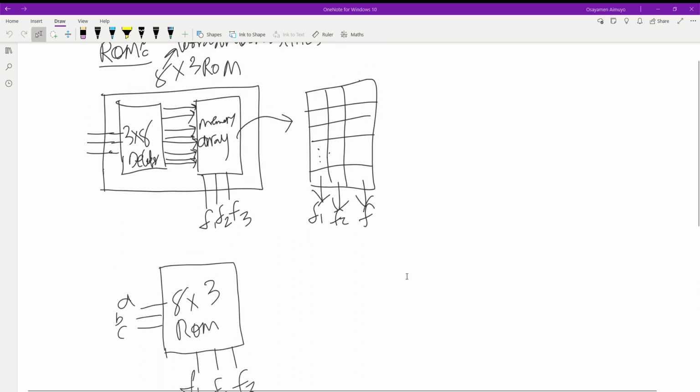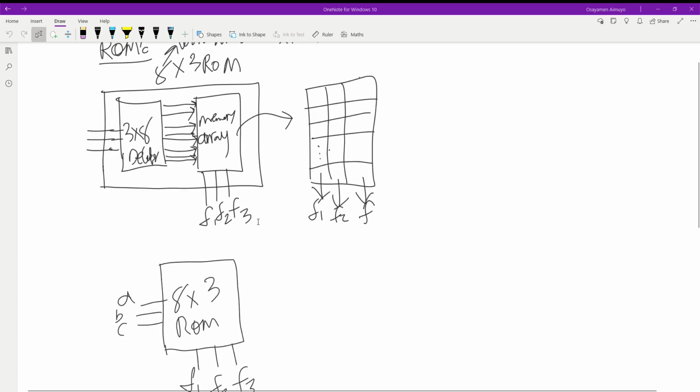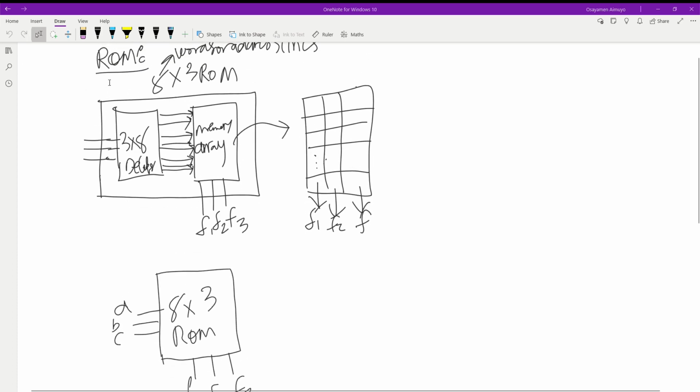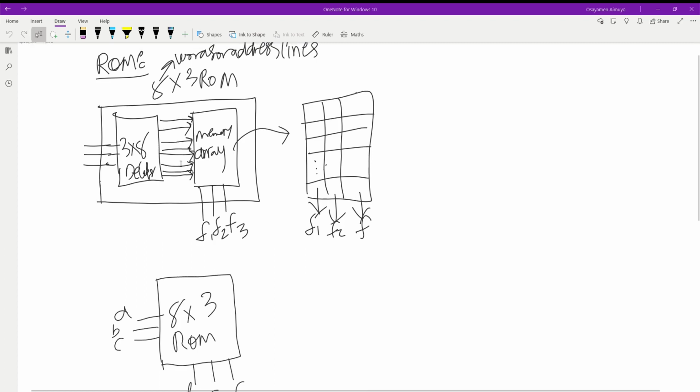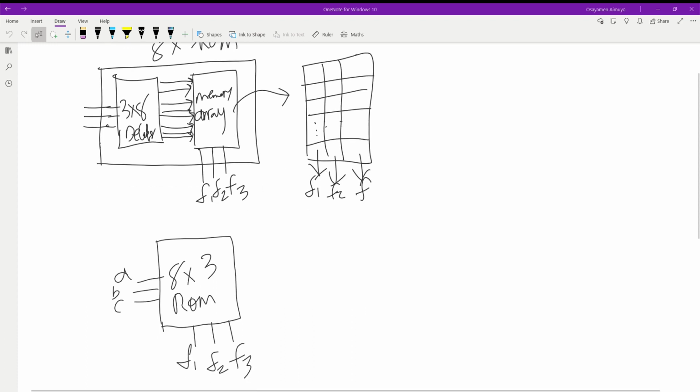Basically, a ROM is a programmable device where you have a decoder whose outputs are called address lines or words. Those address lines address a memory array, which could be an OR plane, and you have outputs.